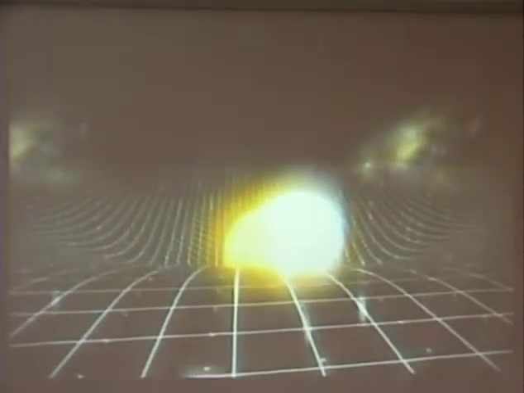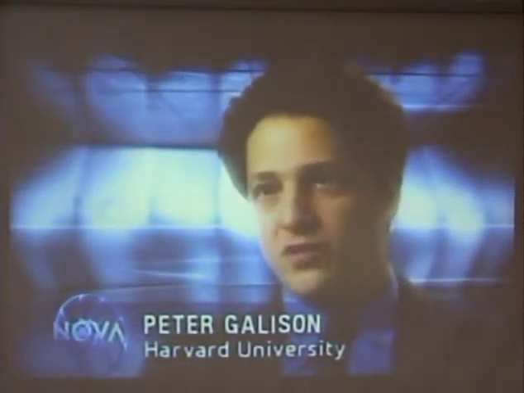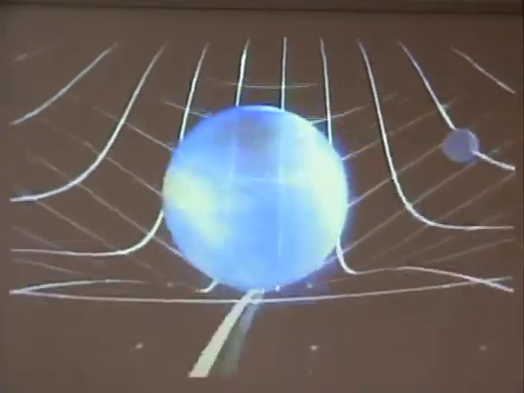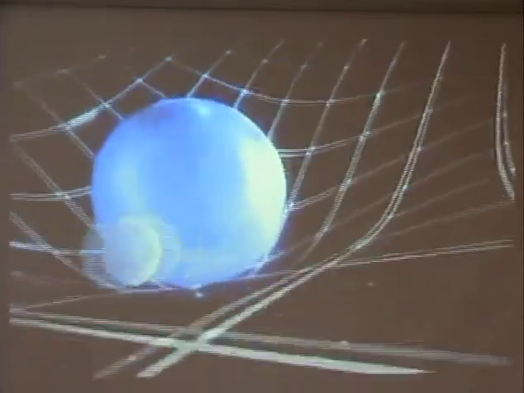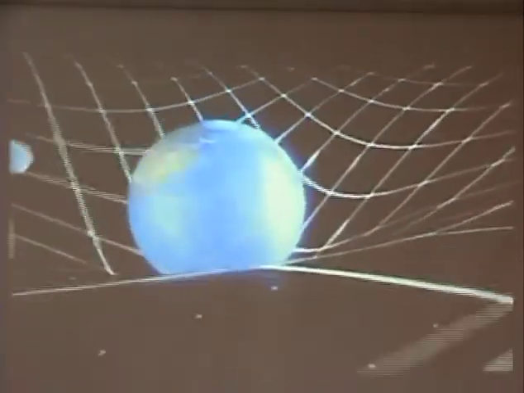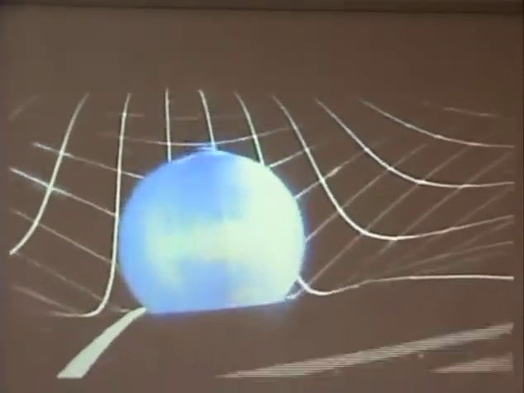It was his hope that by understanding the geometry of this four-dimensional fabric of space-time, he could simply talk about things moving along surfaces in this space-time fabric. Like the surface of a trampoline, this unified fabric is warped and stretched by heavy objects like planets and stars.